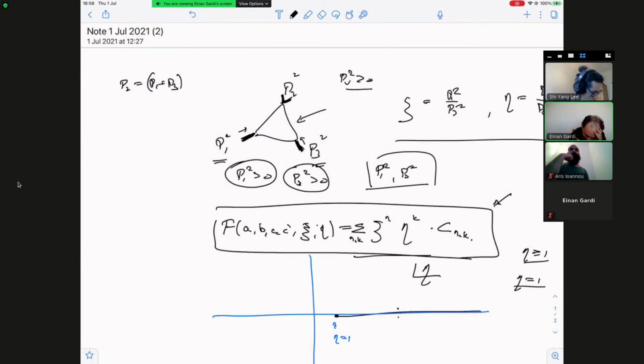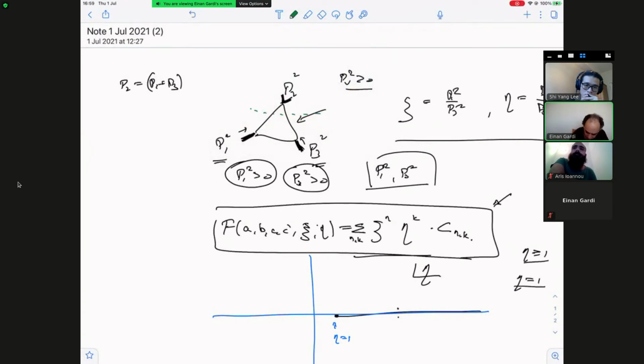And for any P2 for which this process goes through, this would be a discontinuity.